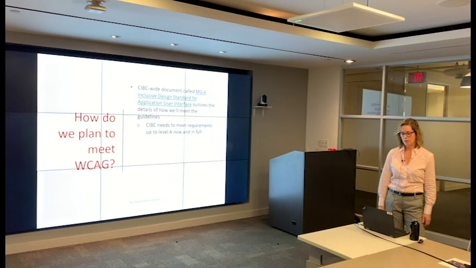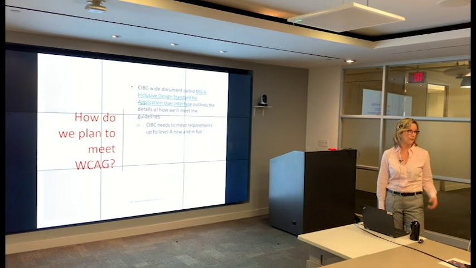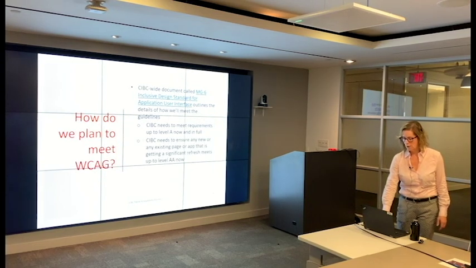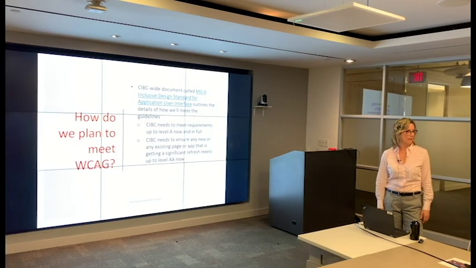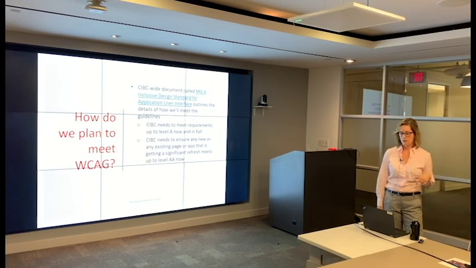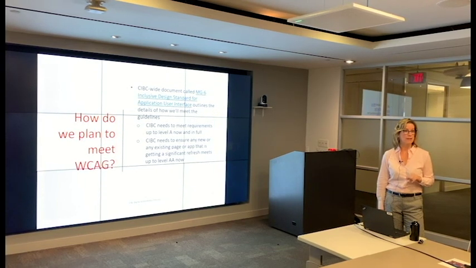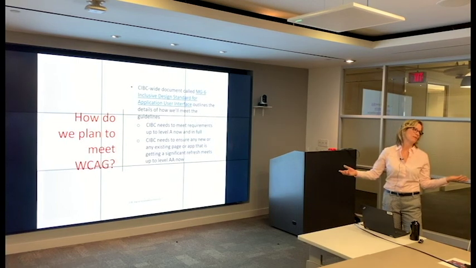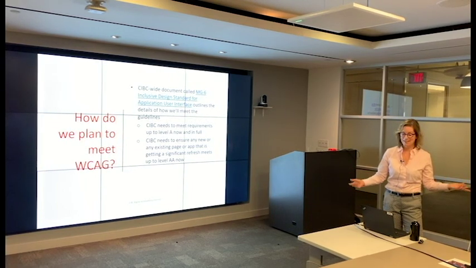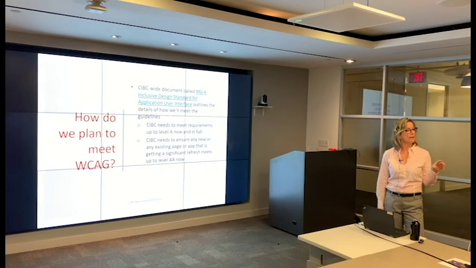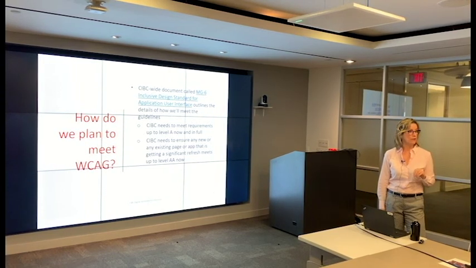So we need to meet the level A, so the first level of compliance now and in fall, of course. But, and this is what I referred to before, we need to now meet level AA compliance. Because of course, if we waited till January 1st, 2021, we're not going to make everything compliant in a day. So that means anything new and anything that has a significant refresh.